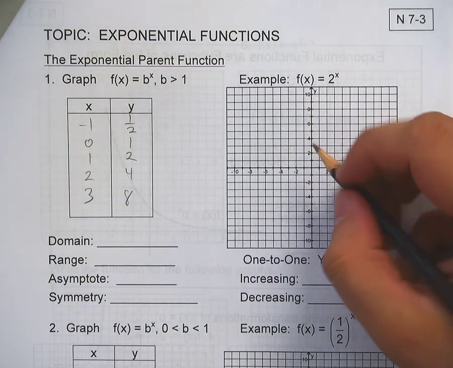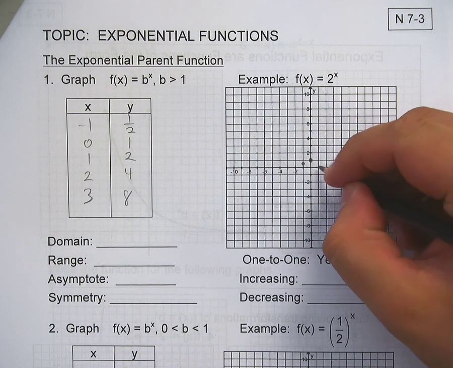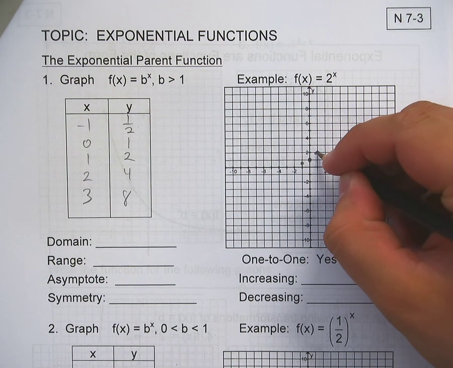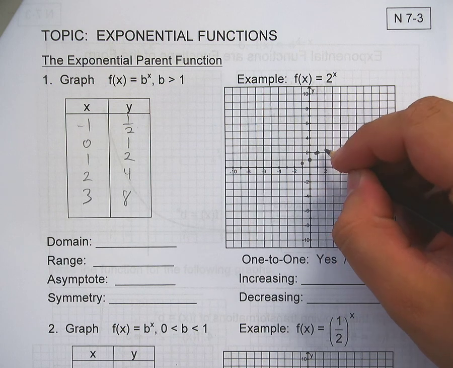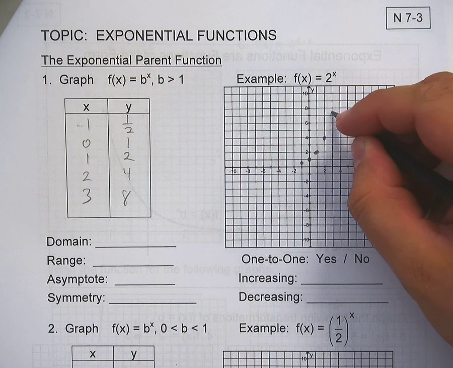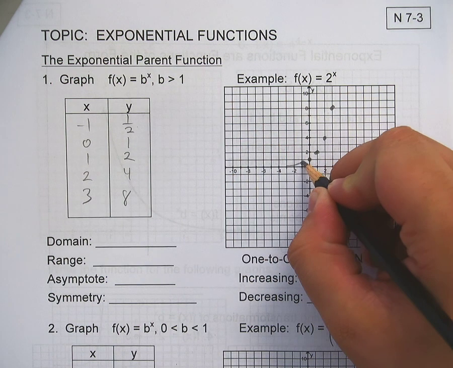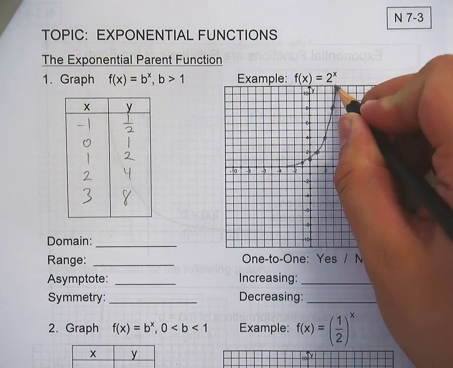So let's graph some points on what's happening here, and you can kind of see that what it looks like is going on 1 to 2, 2 to 4, 3 to 8. It's getting progressively bigger and bigger and bigger with each go.